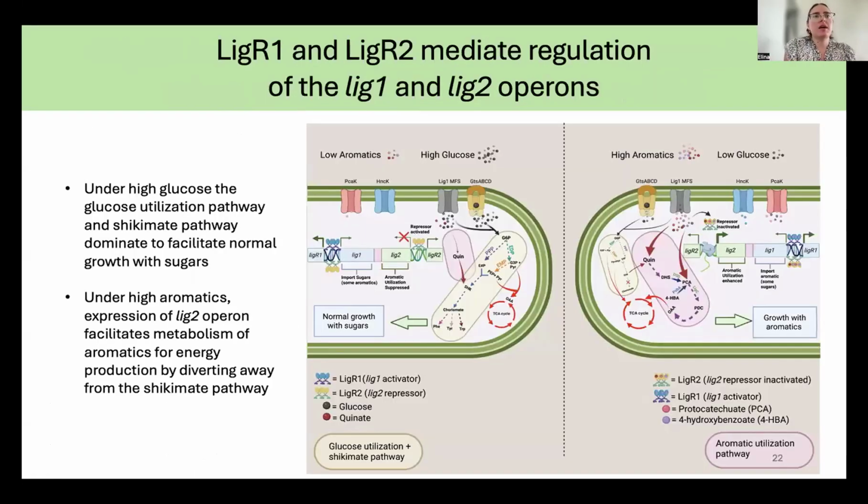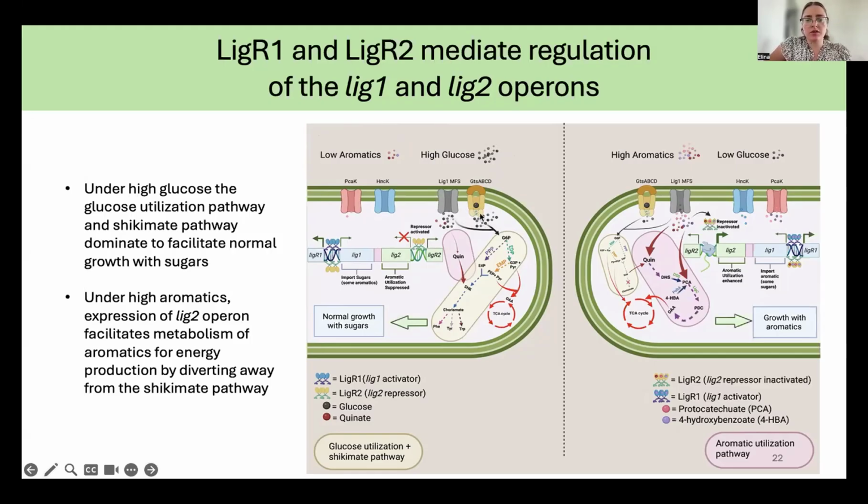So just to summarize, the LIGR1 and LIGR2 regulators regulate the Lig1 and Lig2 operon. And what we think is happening is that in the rhizosphere, in a situation where you have low aromatics or high glucose, the Lig1 operon is expressed to enable import of both.